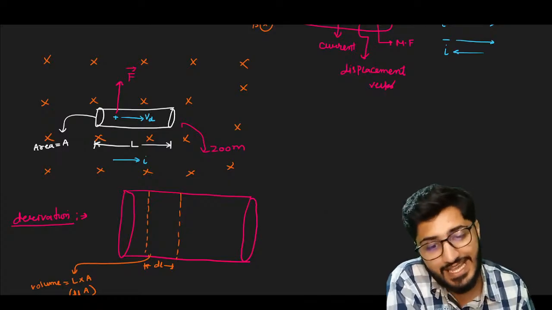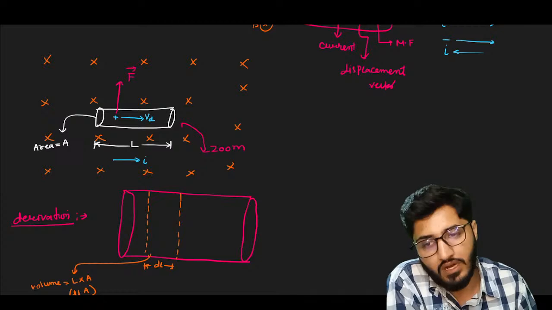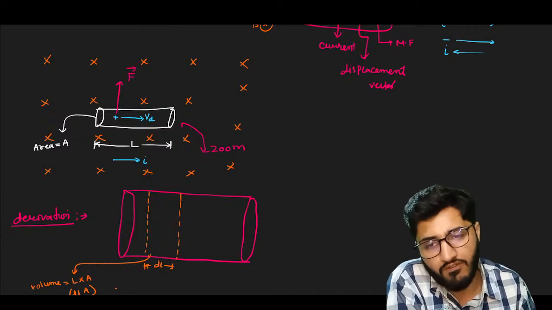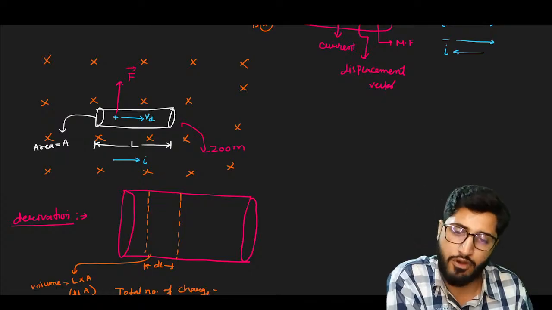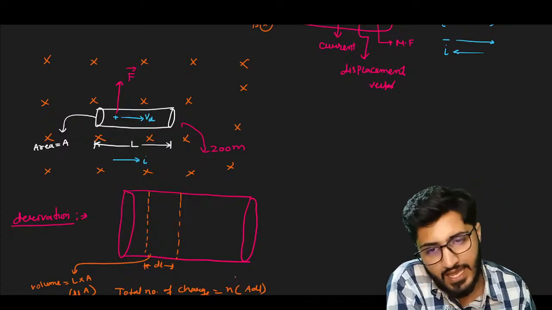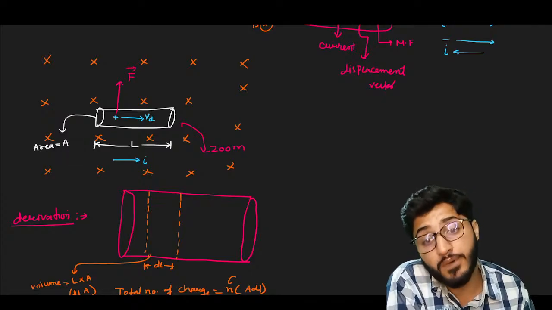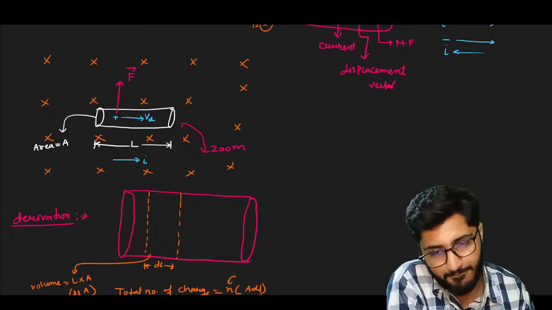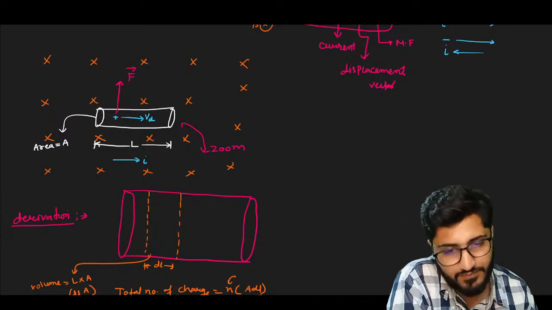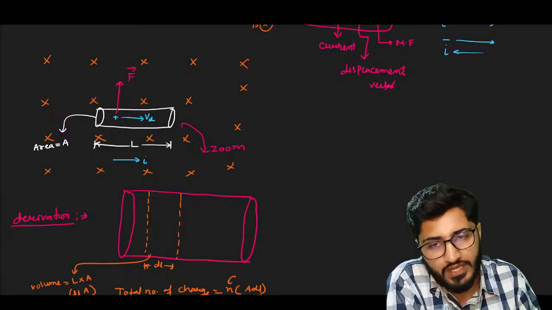Yes, sir, it is dl A. Now, what is total number of charge in this particular volume? Is it n A dl? N means number of charged particles per unit volume into the volume of this particular band. Done.